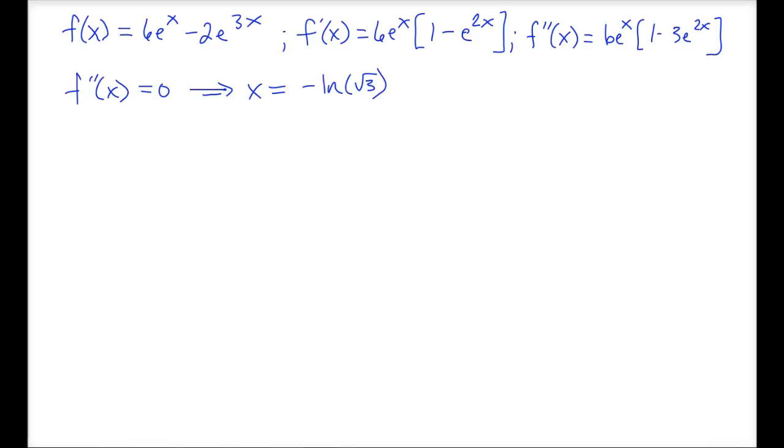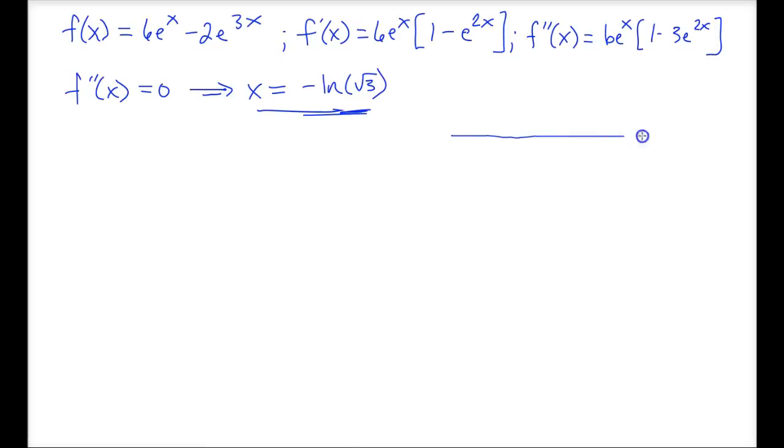All right, so now that we have a little more room, we can go ahead and finish this problem. So the first thing we want to do is show where the original function f of x is concave down. So to do that, we're going to use the concavity test, which is using the test intervals. So we know that this is going to be where our inflection point is going to be.